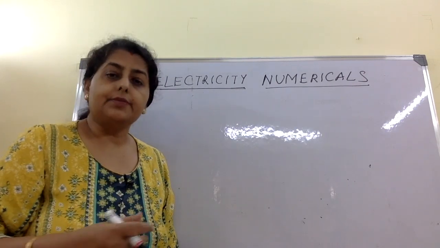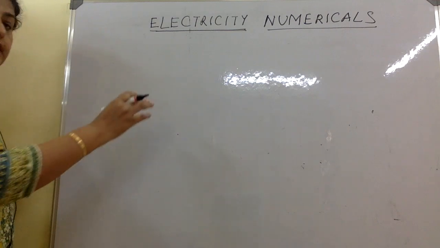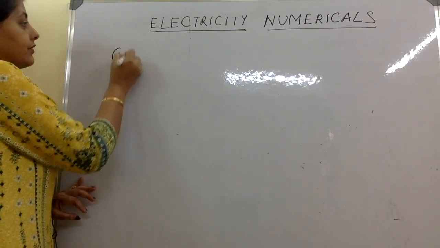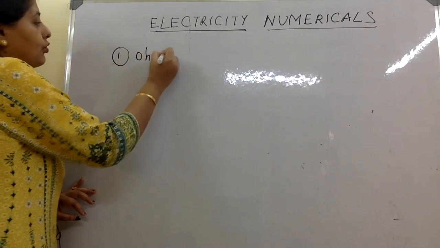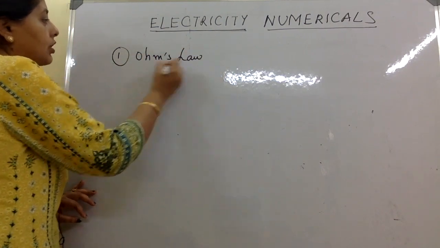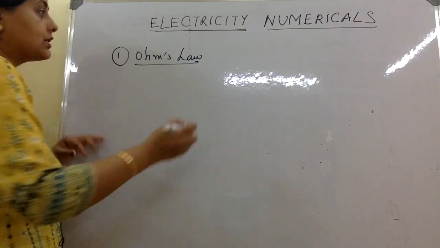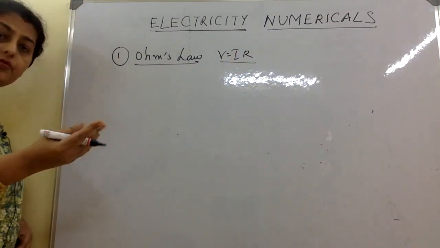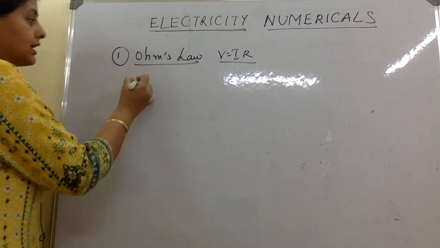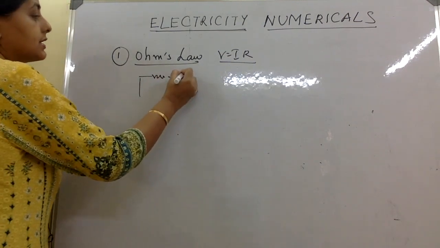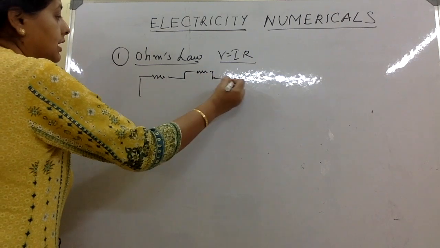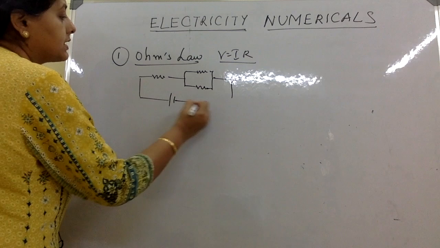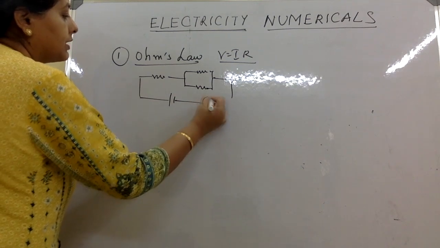Okay, so let's start. Firstly, in electricity, we have the Ohm's law sums. What are sums on Ohm's law? All sums which are based on V is equal to IR are the sums of Ohm's law. You will get circuits with a resistance here, then a parallel connection, and a cell and maybe an ammeter.